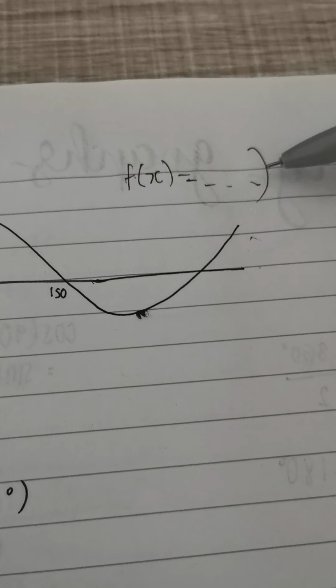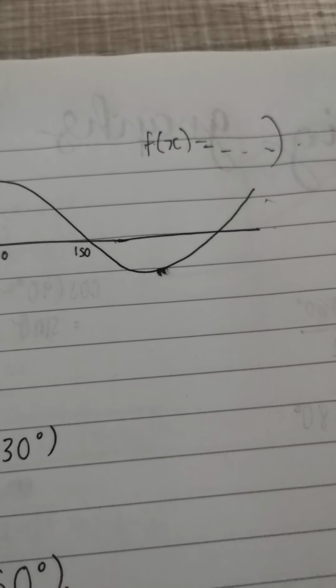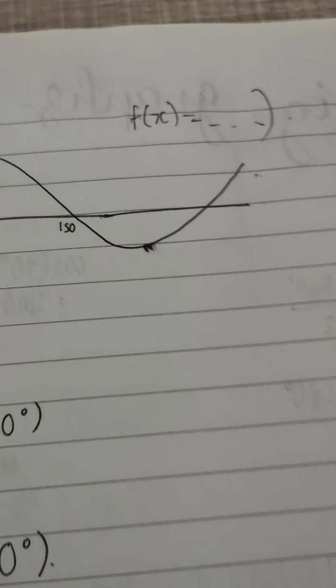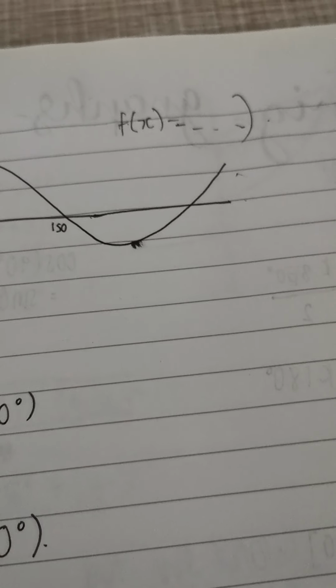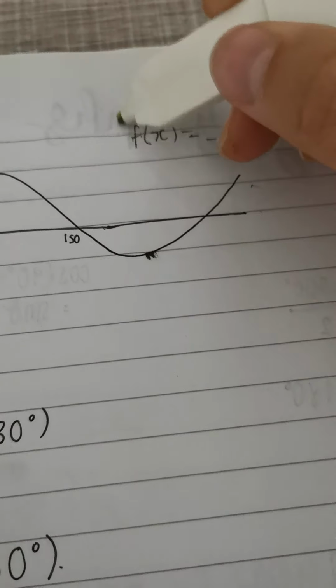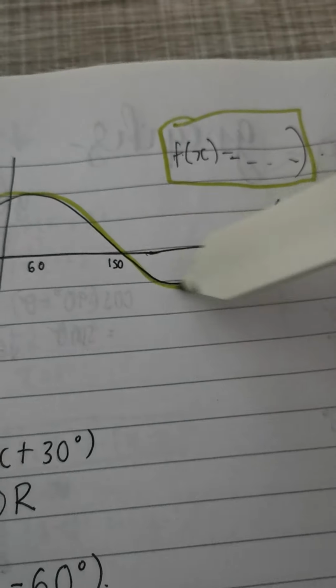When we give you a question in a test, we generally tell you f of x is equal to something. Now, I'm going to give you a few tips when you have the paper. If I tell you that f of x is equal to cos blah blah blah, whatever they tell you, please highlight that and then go to the graph and highlight it in the same color.